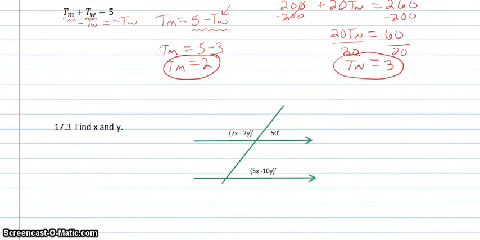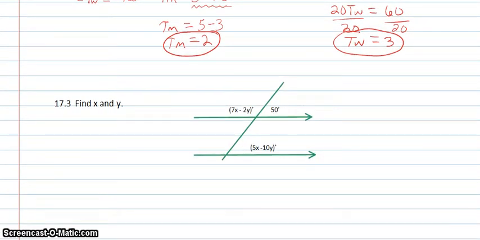Our next example is looking at some angle relationships, and we need to find what x and y equal. So we are going to use this 50 degrees here, and the idea that this would also be equal to the 50 degrees because they're corresponding angles. They're both small angles.